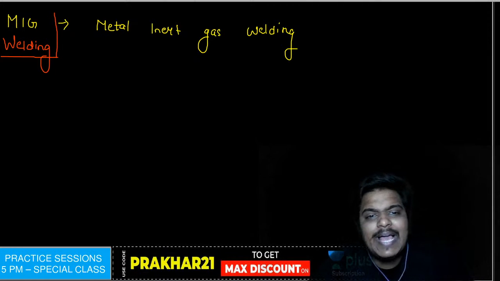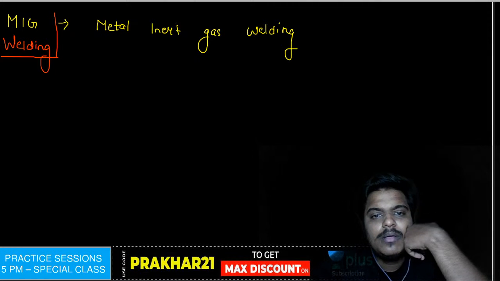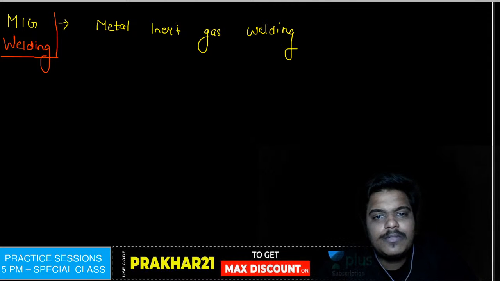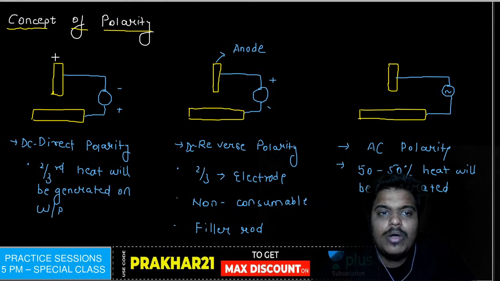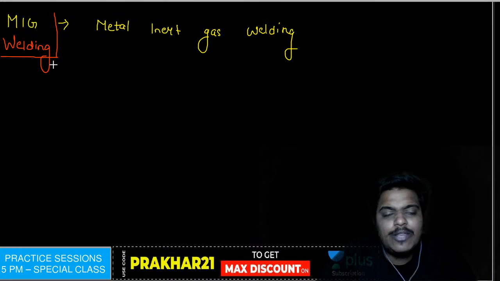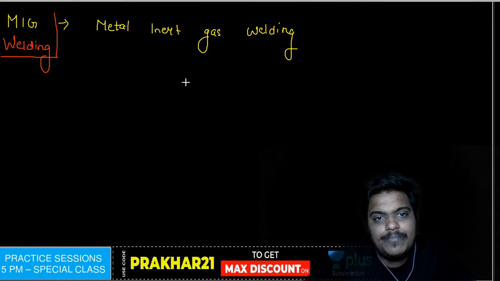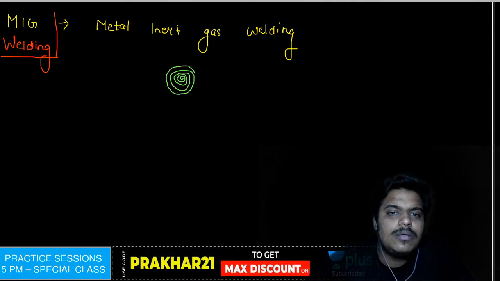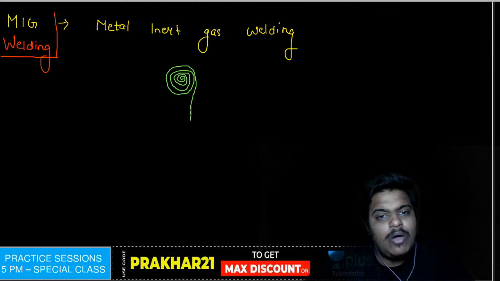So in metal inert gas welding, what will happen? Look, same process I am using, but now if it is not possible to use tungsten, can you call it tungsten inert gas welding? No. If we are using some other metal, that too in the form of wire. Do you understand now why wire is used?